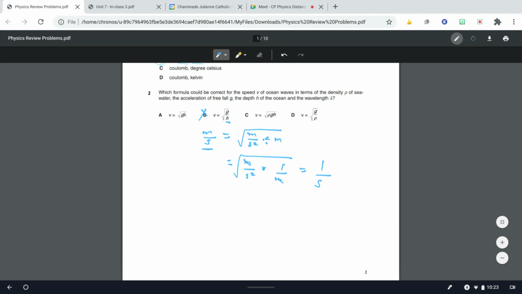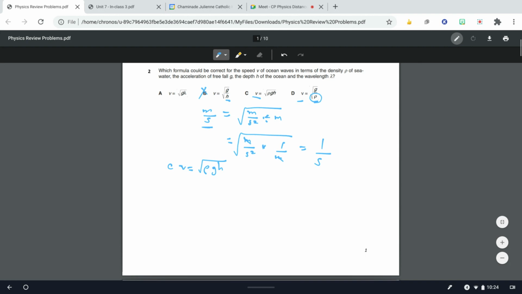Do you know what the symbol is, this one that I just circled? Density. Yes. So now you have to repeat it for all of these. Let's do it for C. Option C, you've got V is equal to the square root of rho g h.